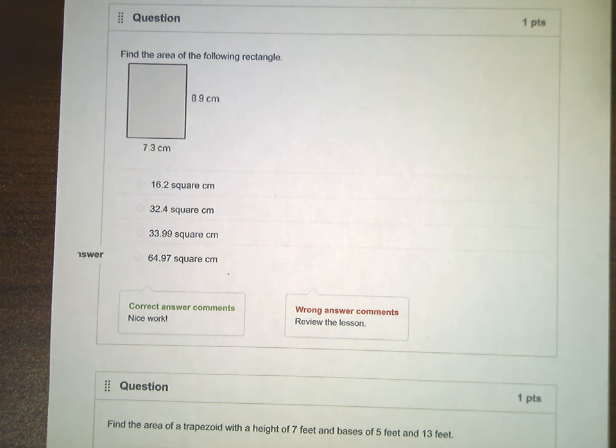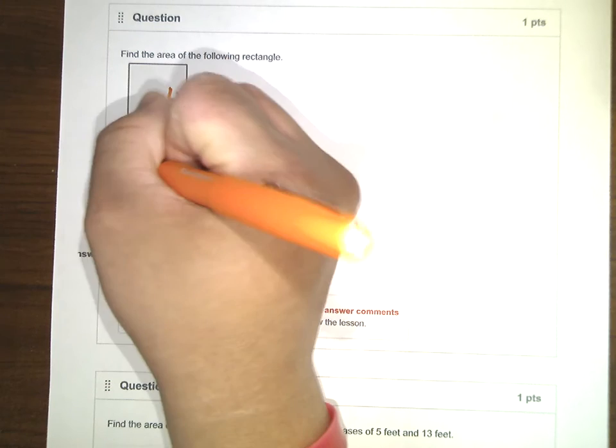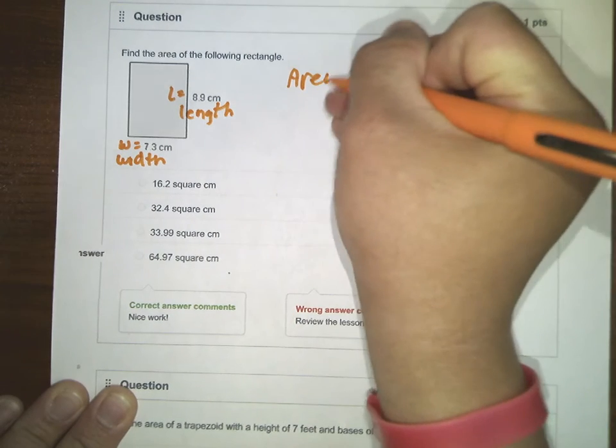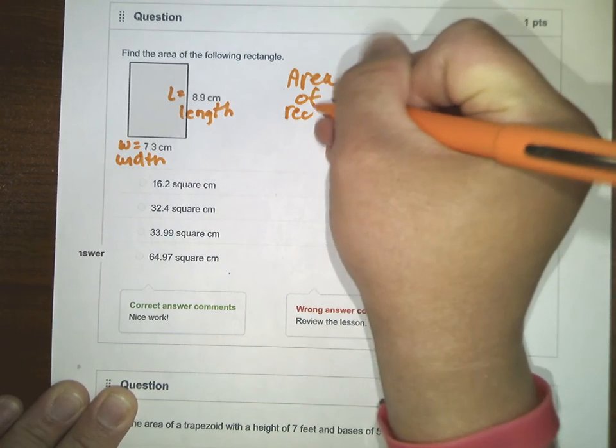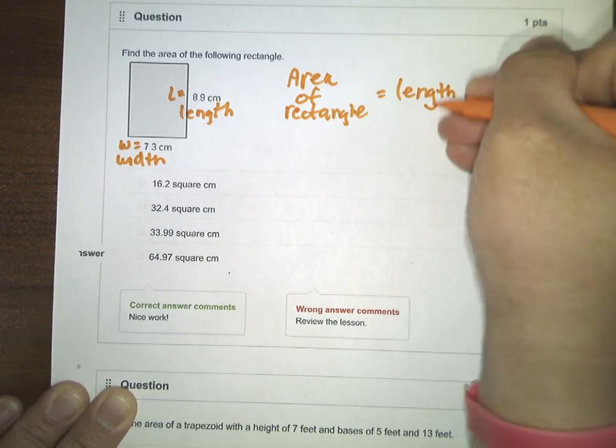And I'll use the abbreviation L for length and W for width. So why don't we call this the width and that's the length. So width and length.